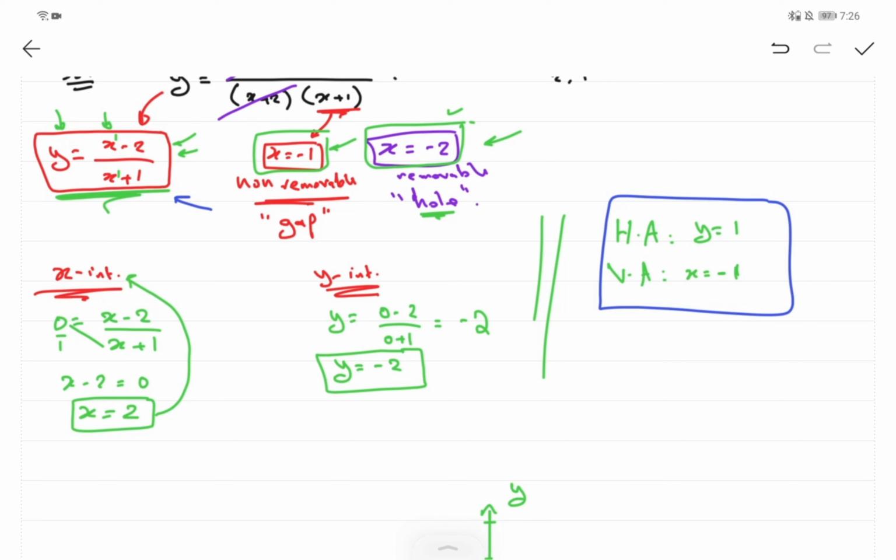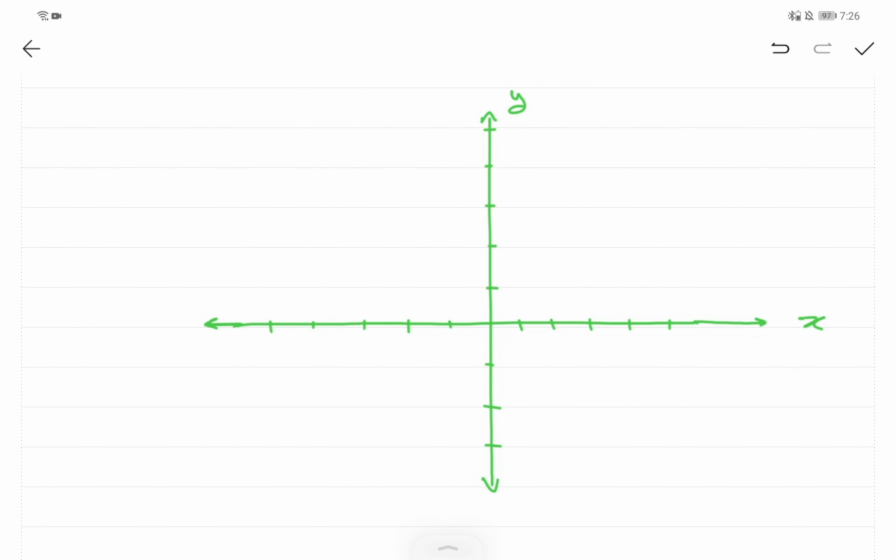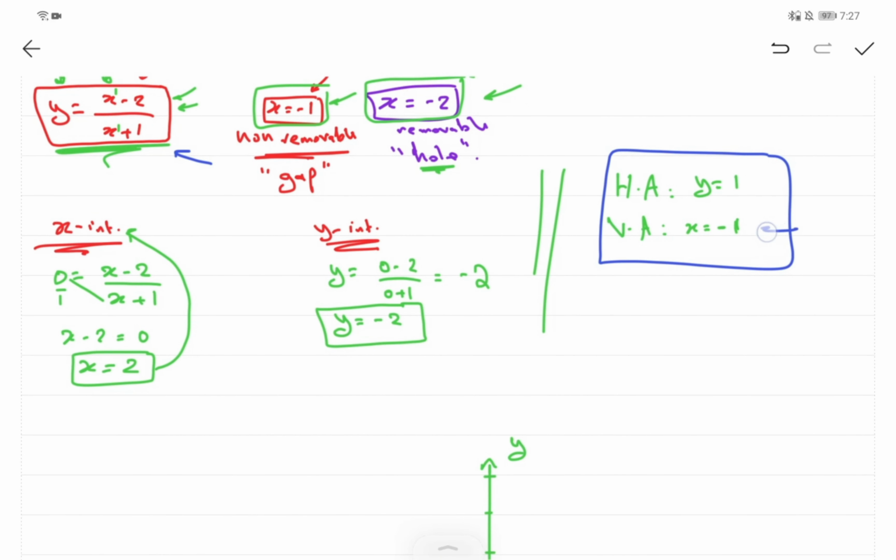The first one, the horizontal asymptote, y equals positive 1. So this is y equals positive 1. Make a horizontal asymptote here. This is the horizontal asymptote, y equals positive 1. Now the vertical asymptote, x equals negative 1.